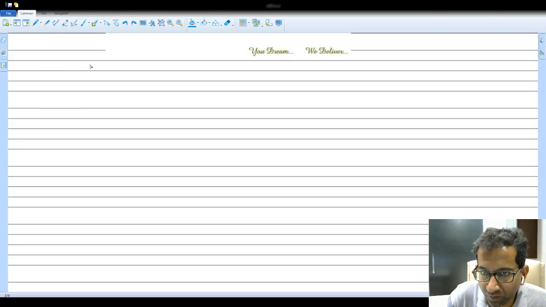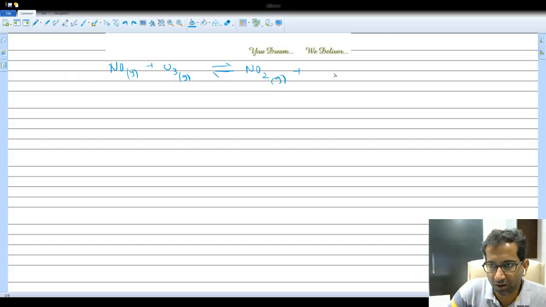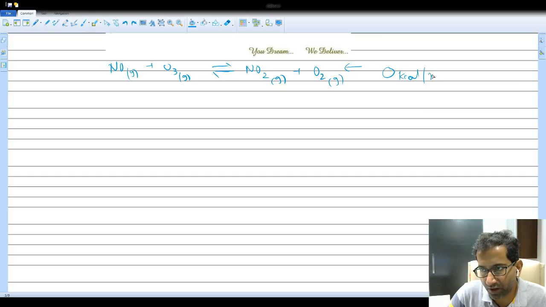Okay. Our reaction is NO gas plus O3 gas reversibly NO2 gas plus O2 gas. The value of delta G0F as well as delta H0F will be taken as 0 kilocalorie per mole for O2.